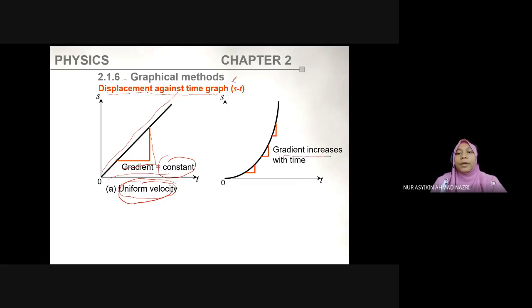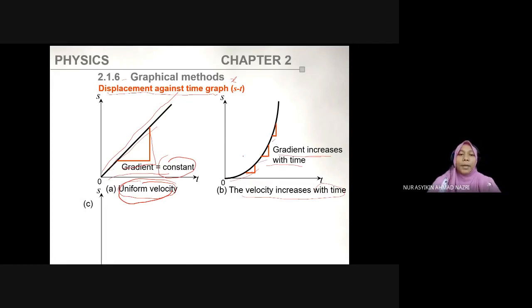The gradient increases with time. Okay, sama juga tadi, increase juga tapi gradually. Okay, yang ni pun increase juga dengan masa. But for this case, the velocity will increase with time because we have more than one gradient here.